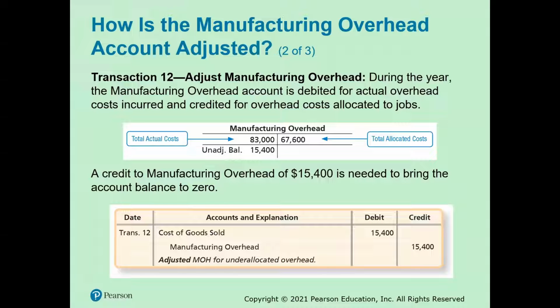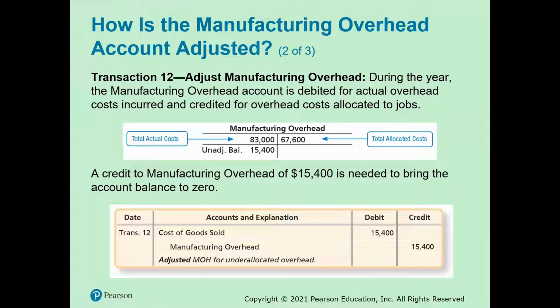Because Smart Touch Learning allocates overhead to jobs using a predetermined overhead allocation rate based on estimates, an adjustment is required to manufacturing overhead at the end of the period. The manufacturing overhead account needs to be adjusted because a debit of $15,400 exists.